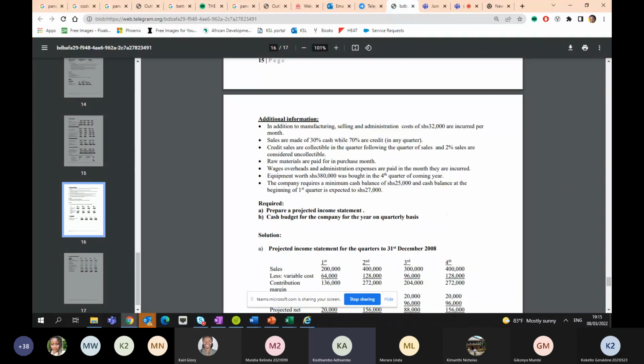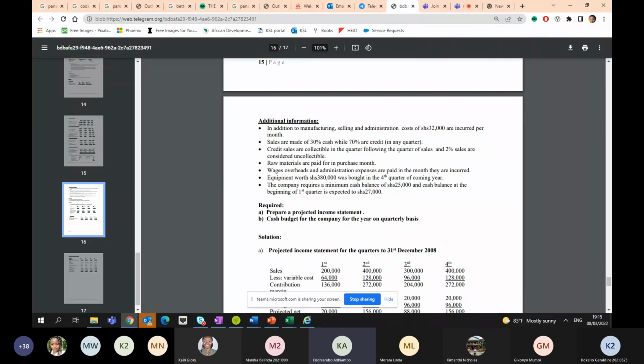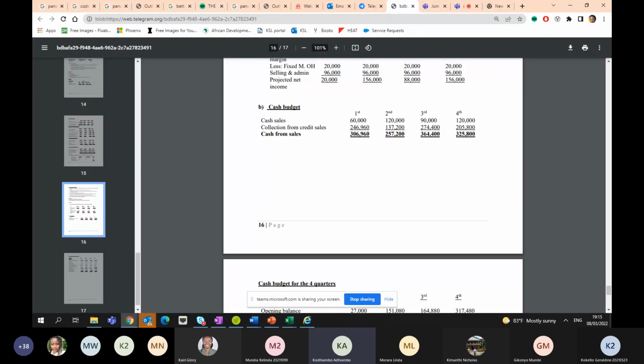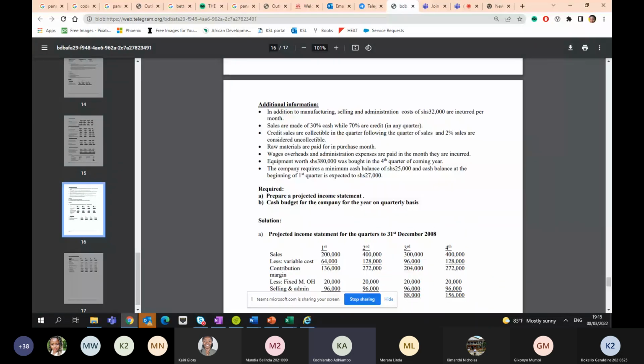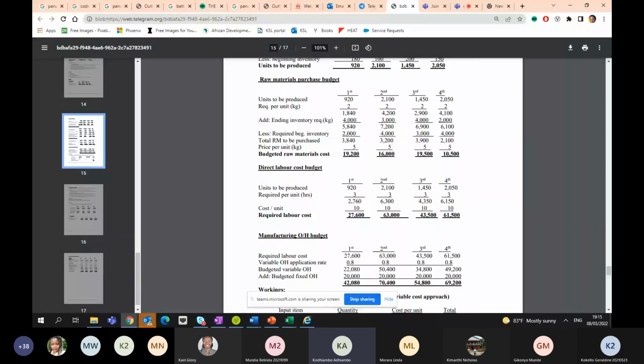Then equipment worth 38,000 was bought in quarter 4 of the coming year. So you will have a line for equipment, and you will have it in quarter 4 only. Sales and admin, if it's silent, you put it there. Then we had a line appear on depreciation that we didn't use.